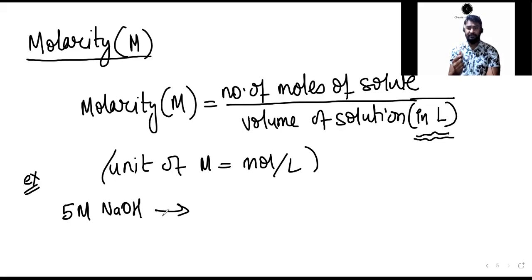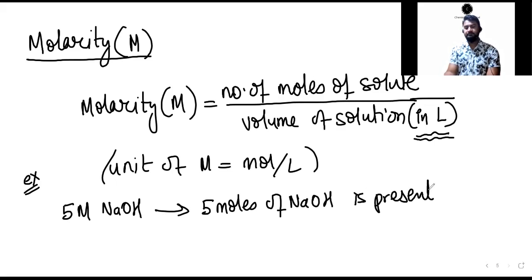So you must know how to decode these small terms. It means that 5 moles of NaOH is present in 1 liter of solution. This is something that you must remember.